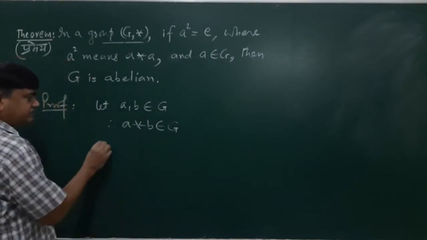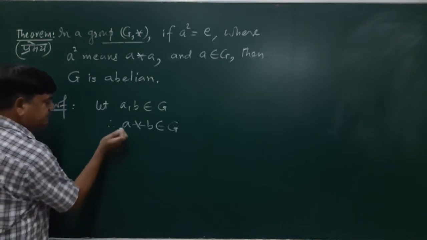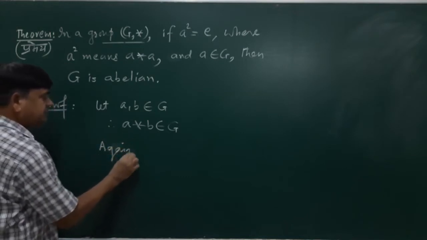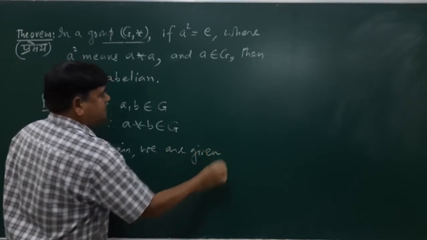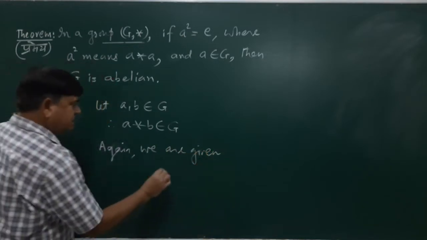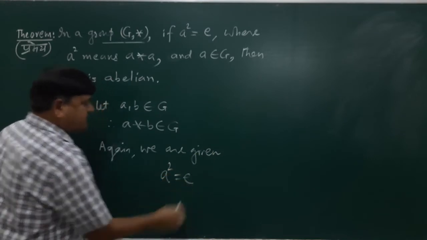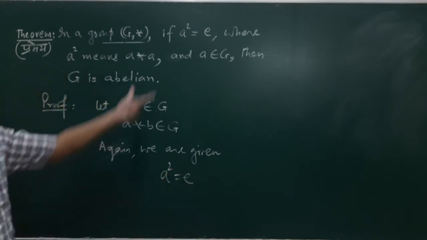Again, we are given A square equals E. This part is given.